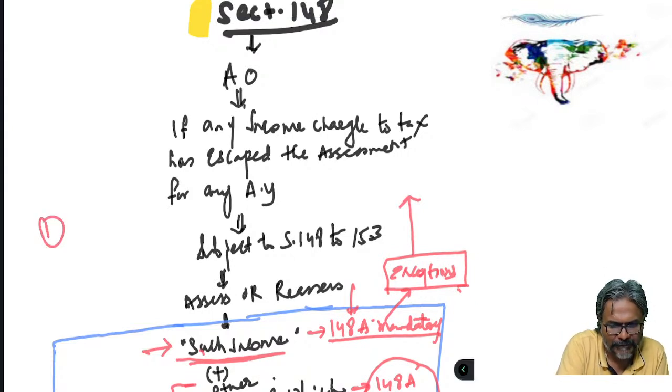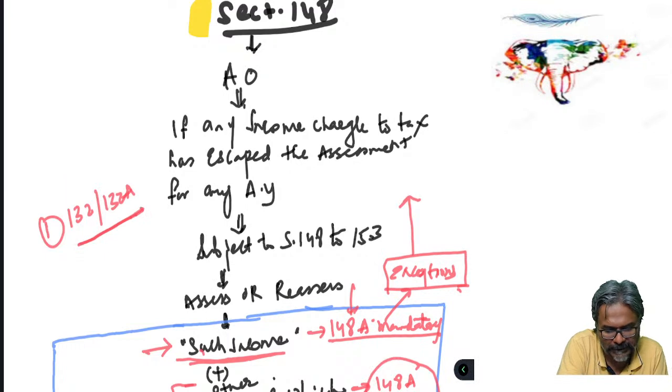First is, if the proceedings are started under 132 or 132A, that is search proceedings. If it is a search proceeding, students, please be careful that no notice under 148A would be required.